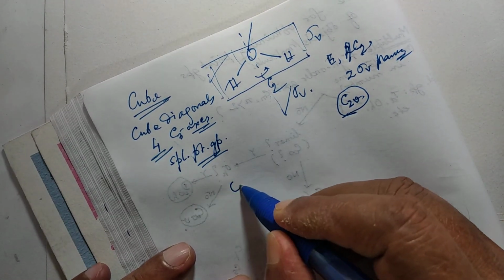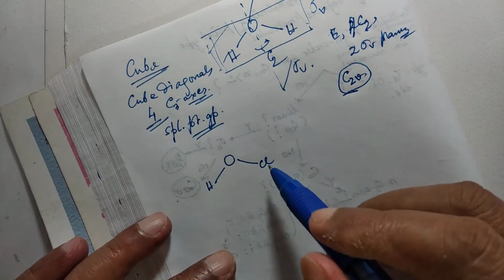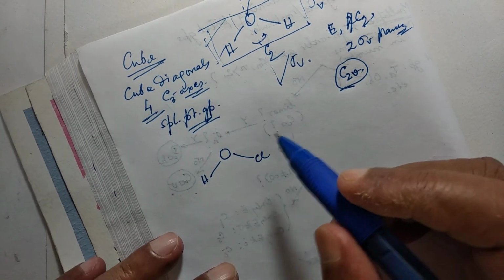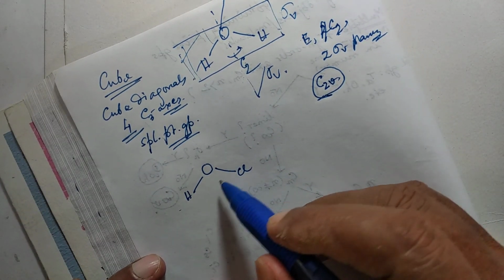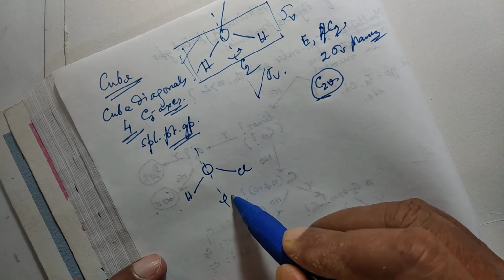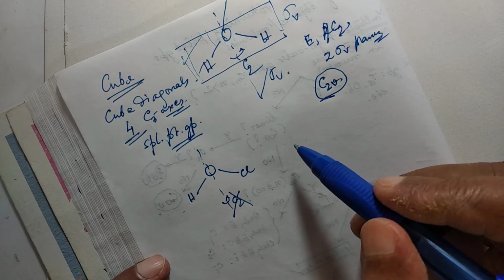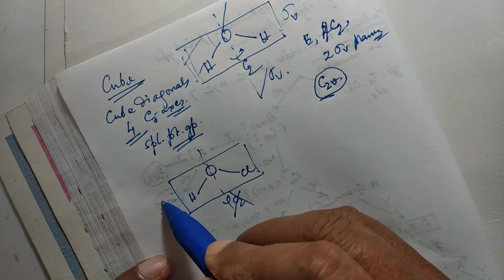And if you replace one hydrogen by one chlorine, the system is HOCl, hypochlorous acid. What is the point group in this case? This axis is lost. There is no C2 axis, but the molecular plane acts as a plane of symmetry.